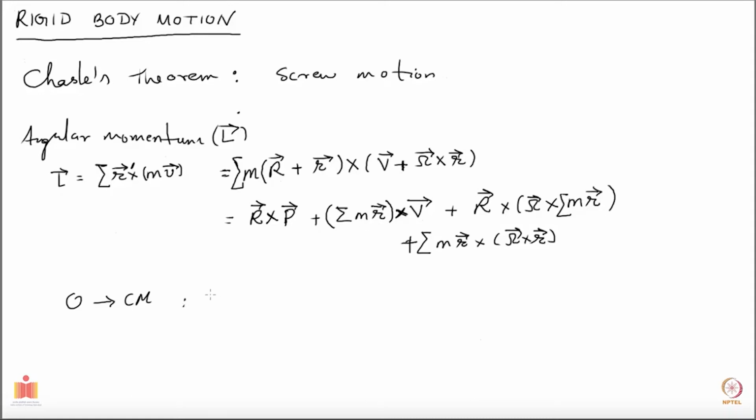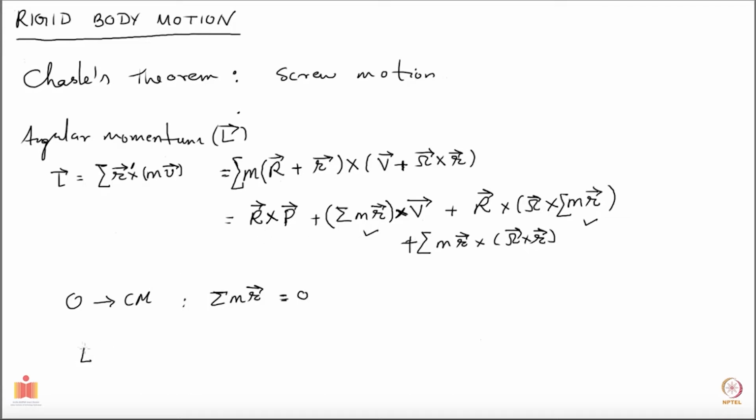That is the effect of choosing the origin of the body system at the center of mass. So this term goes away, that term goes away, and you are left with only two pieces.